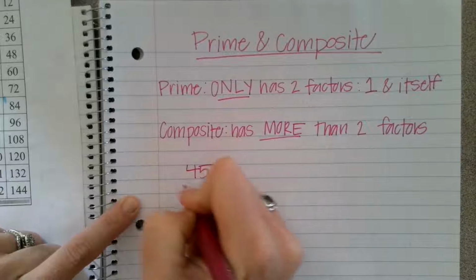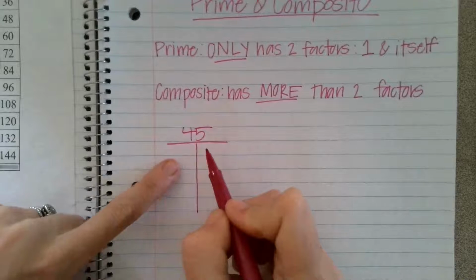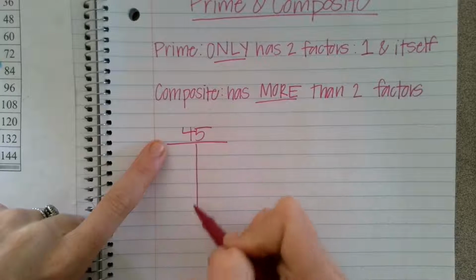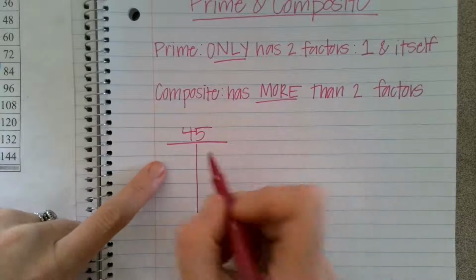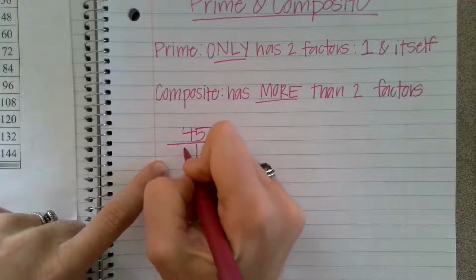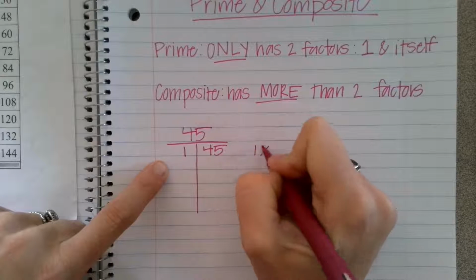I'm going to create what's called a factor tree. So I put the number 45 at the top, and I'm going to list all the factors that I can think about that go into 45. Now, I know that 1 times 45 equals 45.